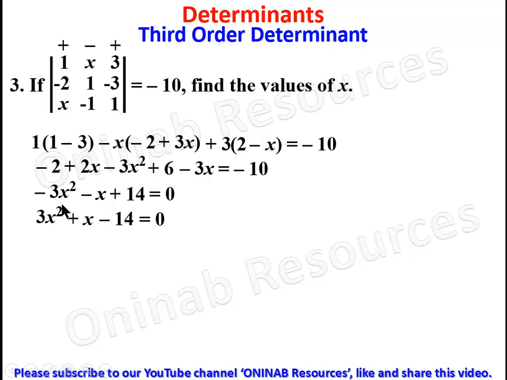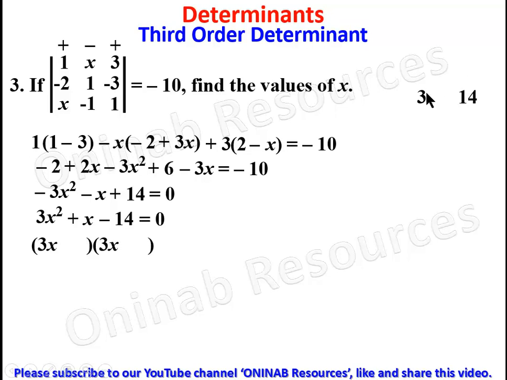So I have 3x squared here. I just pick 3x into the bracket. The coefficient of x squared here is 3, and the constant term is negative 14. But for now, I am interested in the 14. So I'm looking for two factors of 3 times 14, such that when I add, it gives me the coefficient of x here, which is 1.